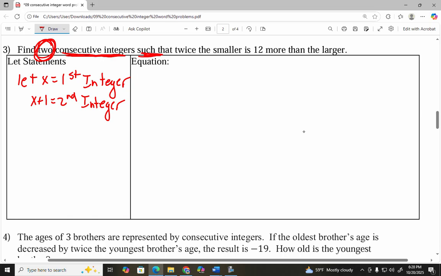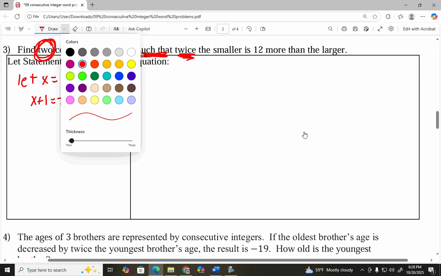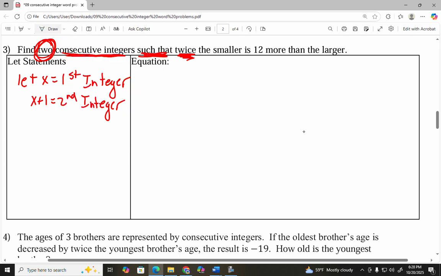After these words such that, it tells you what your equation is. So it says such that twice the smaller. So if I go look at these 2 integers, one of them's x and the other is x plus 1. Which one's smaller? Of course, you're right. The first one is the smaller one. So I'm actually even just going to write that here.